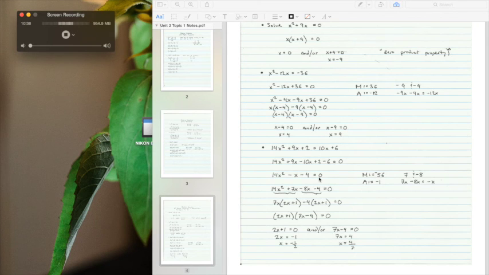Okay, now I can employ my method for factoring the left-hand side. Let's take 14 times negative 4. That is negative 56. I'm looking for 2 numbers that multiply to negative 56 and add to the coefficient on the middle term, which is negative 1. Multiply to negative 56 and add to negative 1.